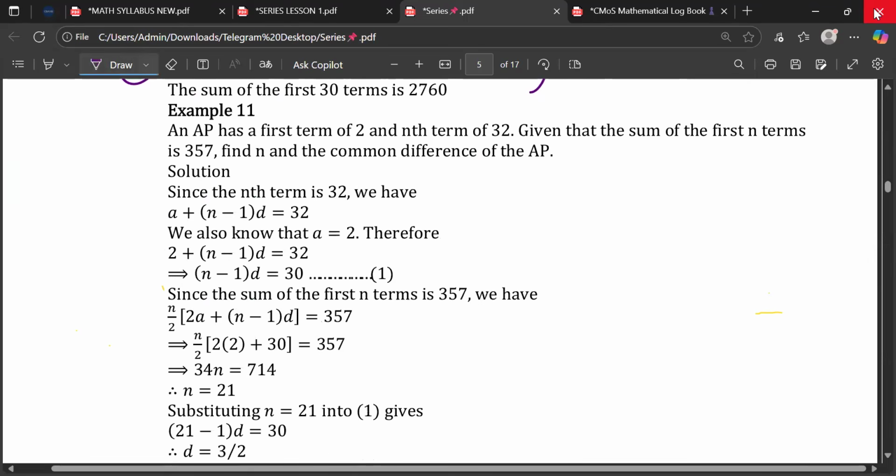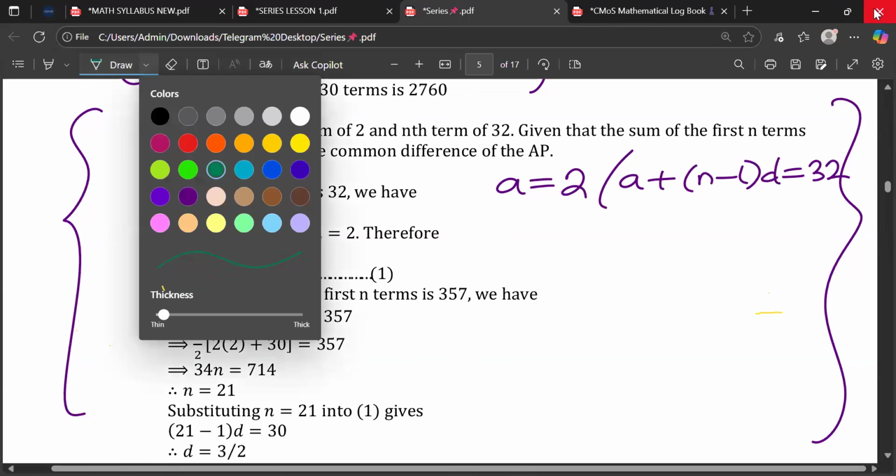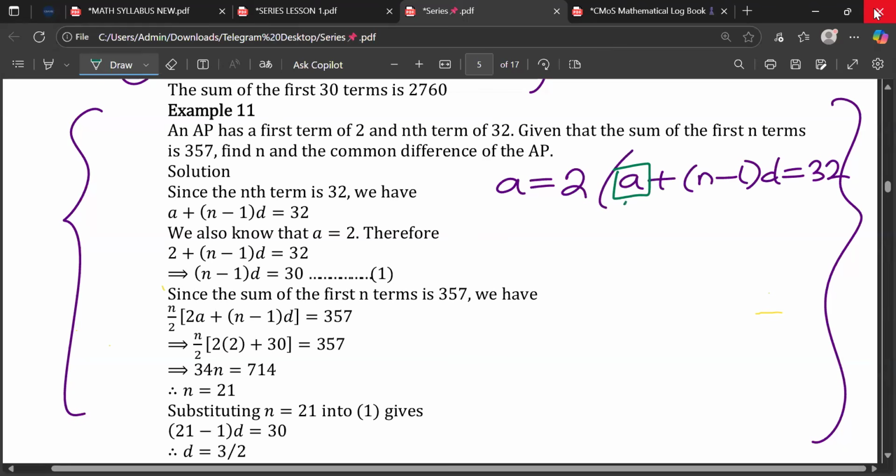Let's come here. What are they saying? The A.P.'s first term is 2, so you come and say A is 2. Nth term is 32. So instead of nth term, I come and do this. They are saying 32. So I know that this A is 2.